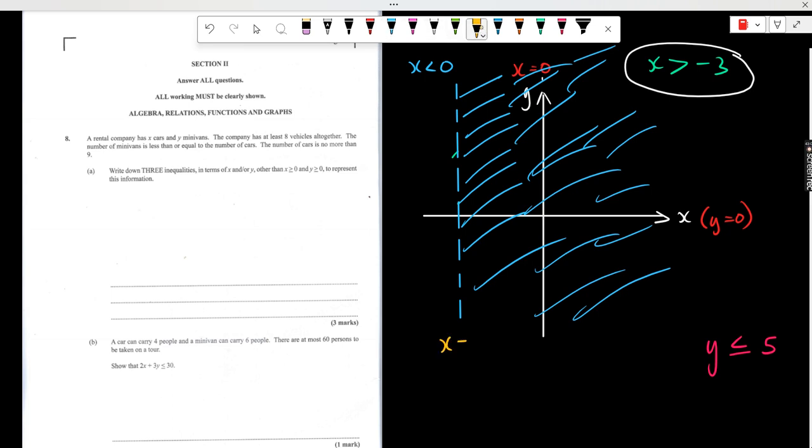Right. So horizontal lines and vertical lines are usually easy to deal with. Let's look at some lines now which are sloping.